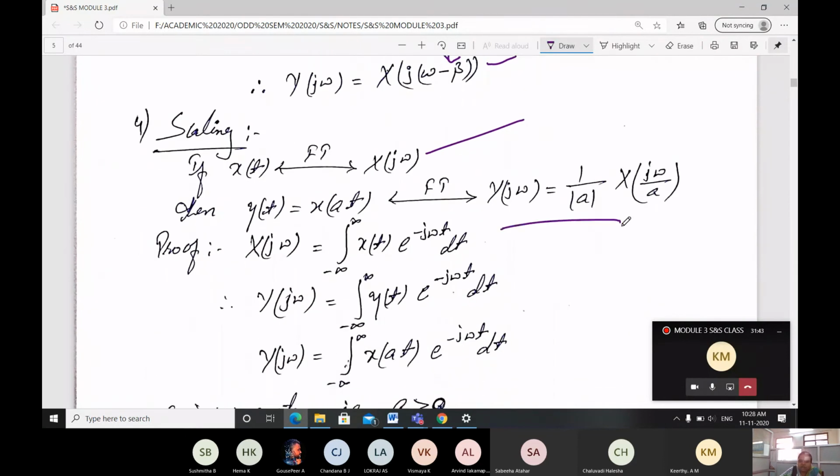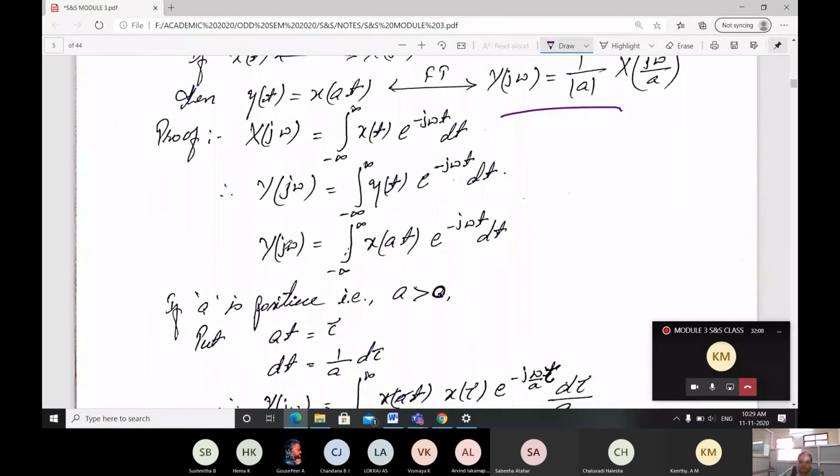This is the scaling property. How do we get this? We will go with the proof. X of j omega is equal to the integration from minus infinity to plus infinity of x of t e raised to minus j omega t dt. Then Y of j omega is equal to the integration of y of t e raised to minus j omega t dt.